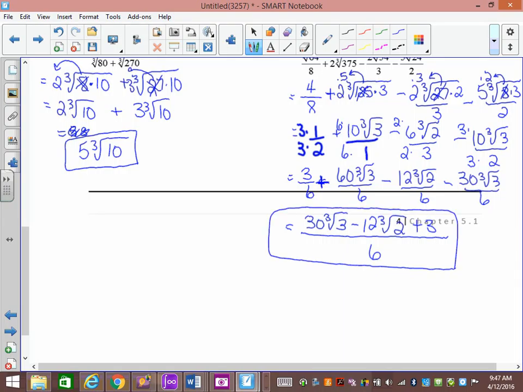Like I said, this is standard of excellence, right? And to be honest, I could take a 3 out of all of them. This would become 10 cube root 3 minus 4 cube root 2 plus 1 over 2. You can take a number out of all the coefficients and the bottom.